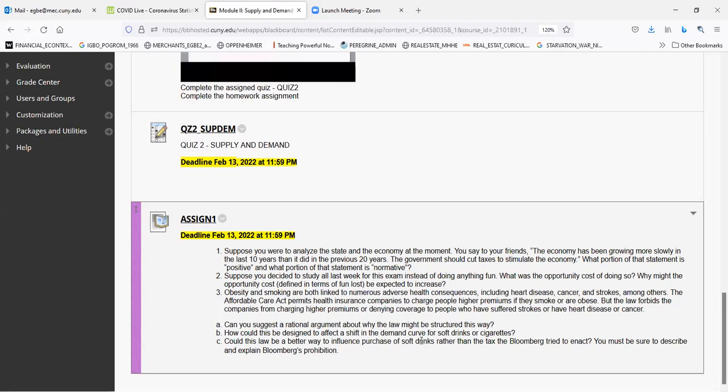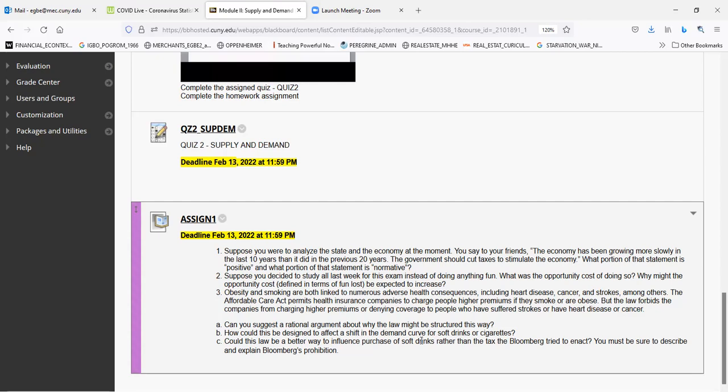So if somebody goes to buy health insurance and they have a history that they had a stroke, or they have heart disease or cancer, the insurance company is not allowed by law to charge them a higher health insurance premium.